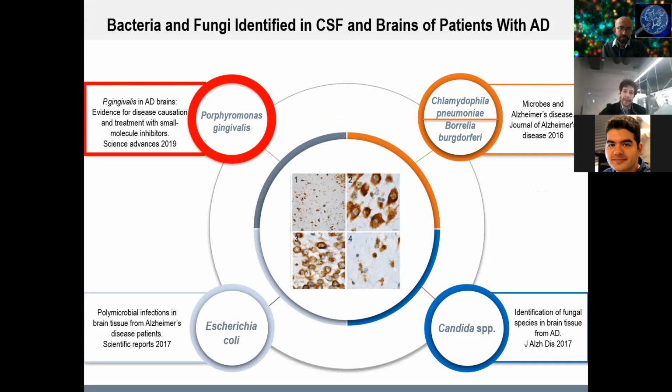What's more, some bacteria, including Porphyromonas gingivalis, E. coli, Chlamydia pneumoniae, Borrelia species, and Candida, have also been detected in cerebrospinal fluid and postmortem brains of individuals with not only Alzheimer's disease, but other types of neurodegenerative diseases and even healthy controls.